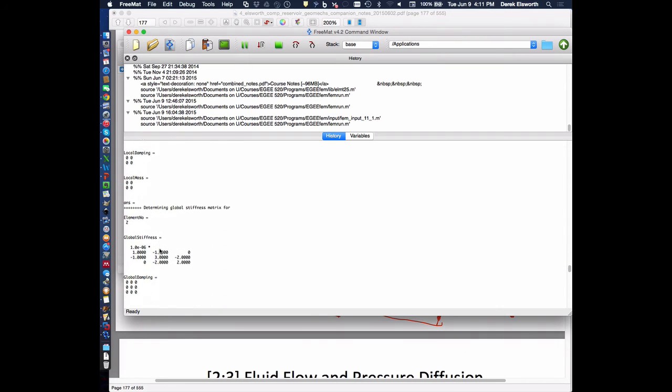It adds it into the global conductance matrix, these terms here. Right? And then it just puts together the vectors, and then it solves it. And so the results that come out are that the only variable that's a free variable is the middle head, which is 2370 over 3, you'll remember, which is this.